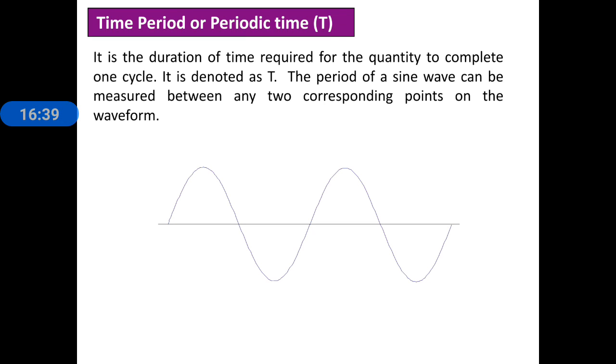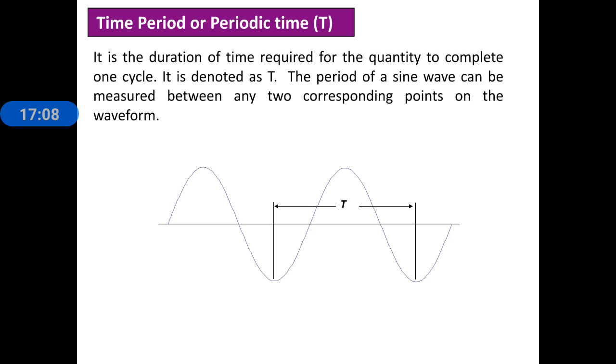Time period. It is the duration of time required for the quantity to complete one cycle. It is denoted as capital T. The period of a sine wave can be measured between any two corresponding points on the waveform. So we can measure the time period from 0 to 0. That means it consists of one positive half cycle and one negative half cycle.